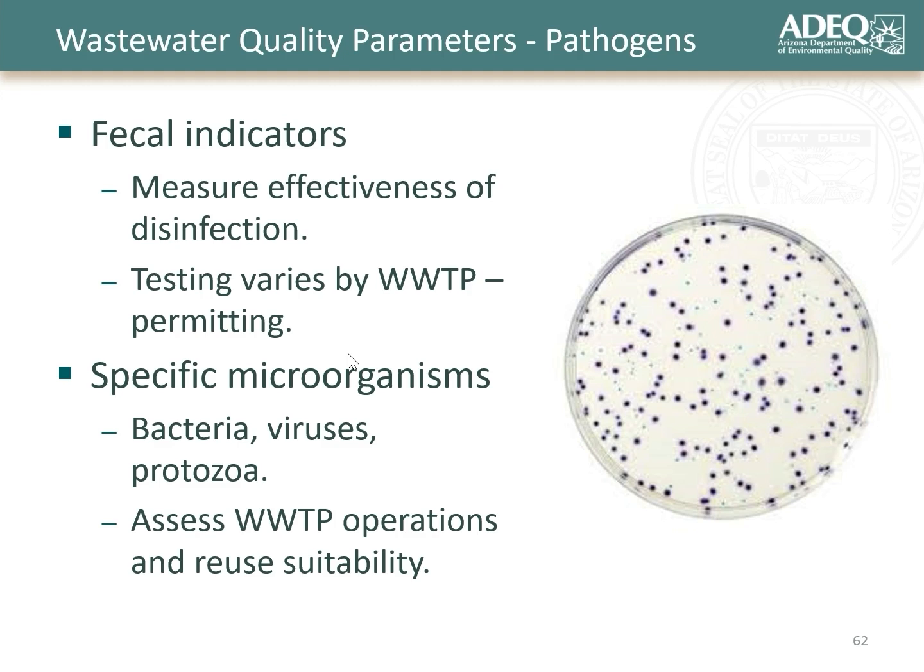So if you remove these fecal indicators, you will also remove these other pathogens. Ultimately, for your wastewater treatment plant, you need to evaluate what it is permitted for in terms of which pathogens need to be removed, and make sure that you do remove those pathogens to meet the discharge permit limit.